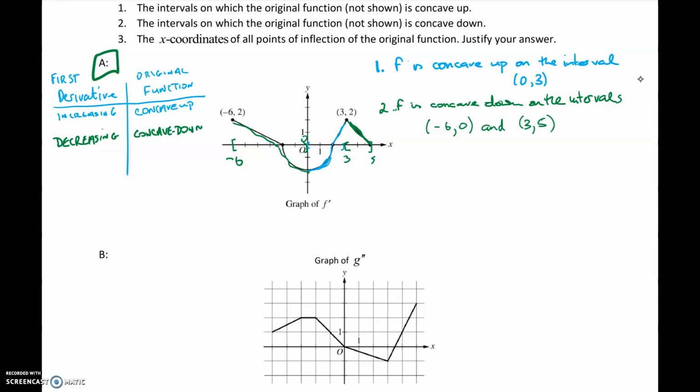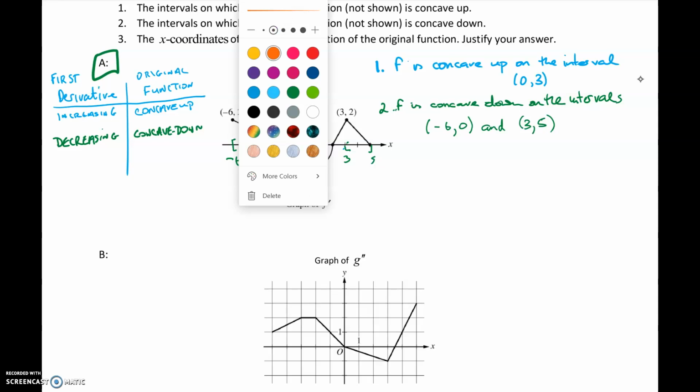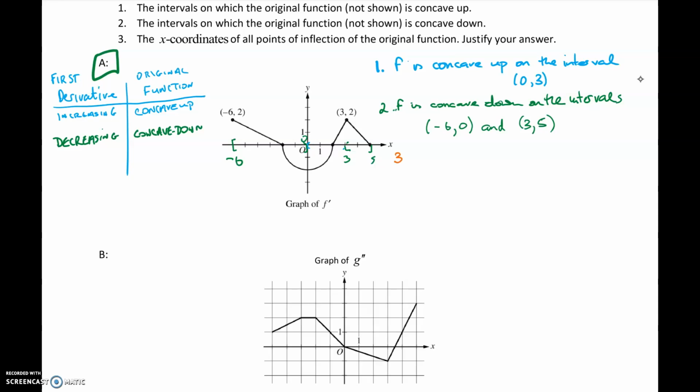Okay, now it might make it easier for you to erase some of the shading there. Might actually be more helpful. Okay, and then 3 is to find the points of inflection. Well, you have points of inflection wherever the concavity changes.